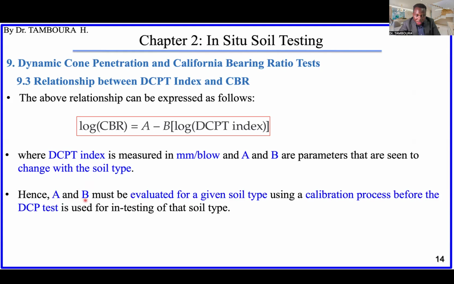So A and B must be evaluated for a given soil, using a calibration process before using the dynamic cone penetration test on the type of soil you have. A and B have to be evaluated.